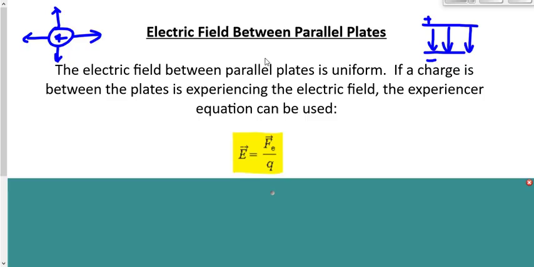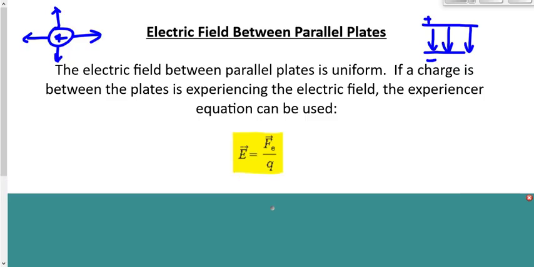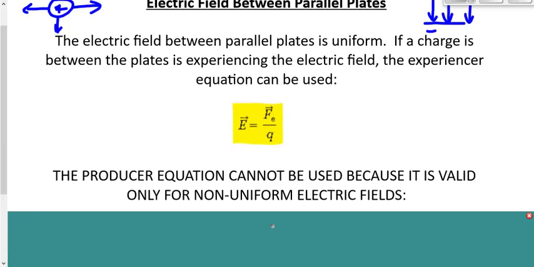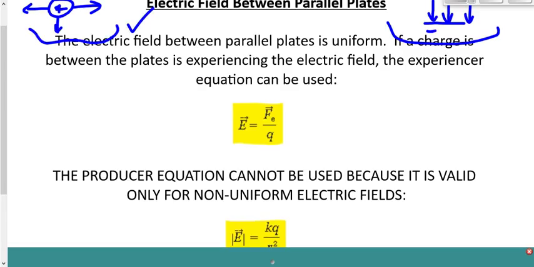The second equation that we learned last week for electric fields, the producer equation, is, however, not valid in this new situation over here. It's still valid over here. It's valid for a non-uniform electric field, and that's what we got last week. But now today, with these parallel plates, we have a uniform electric field. It's not valid there, no matter what.